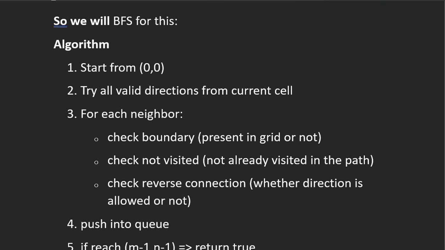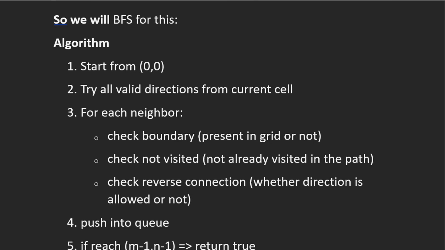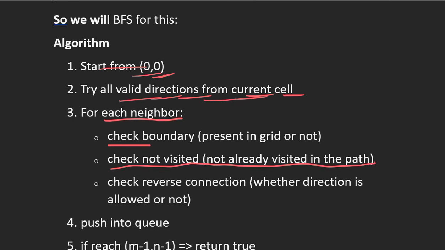So we'll use BFS for our solution. Initially we start from 0 comma 0, then we try all the valid directions from our current cell as per the direction number given to us. For each neighbor we check whether it is inside the boundary of the grid. If it is not, we do not move to that neighbor. Next we check whether the neighbor is already visited. If it is, there is no point checking it again, because the same path will repeat.